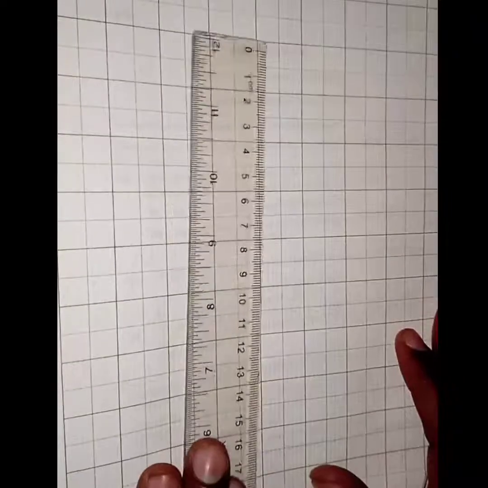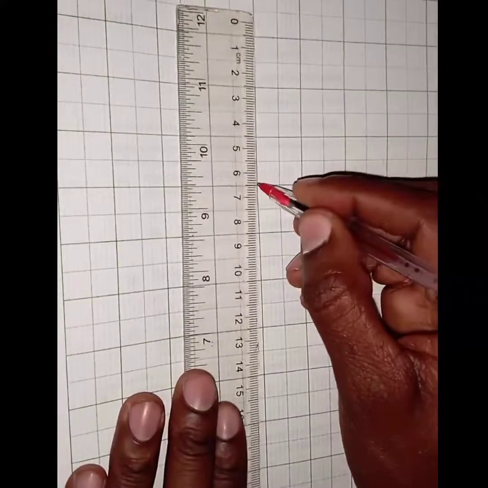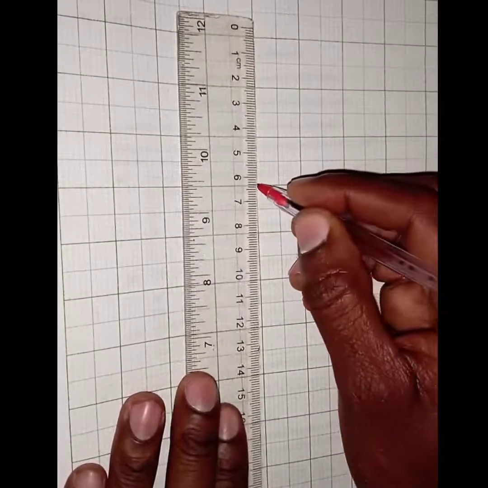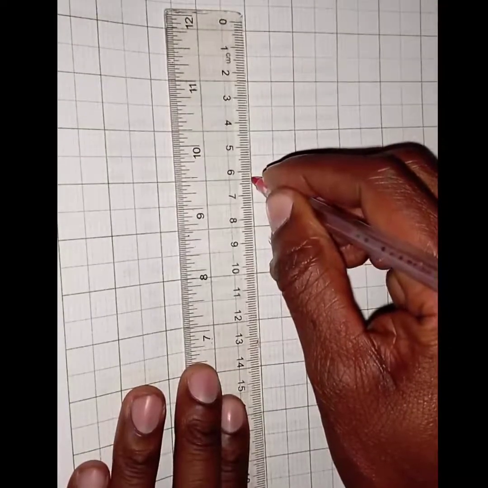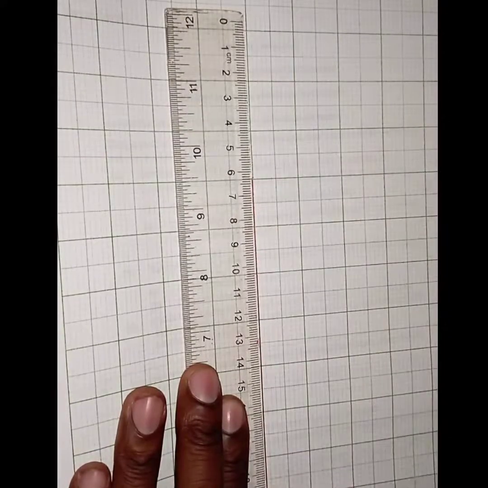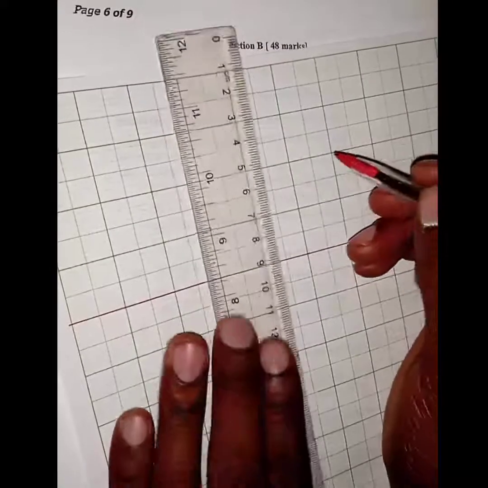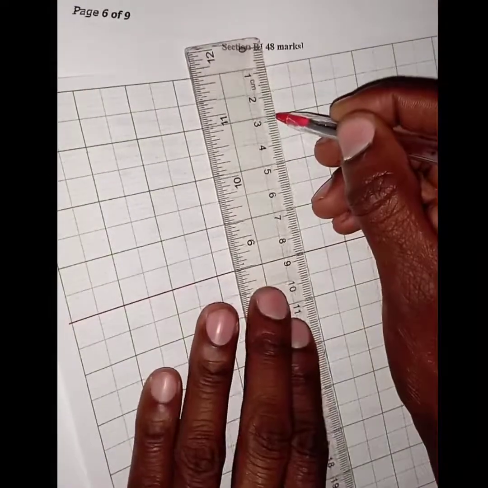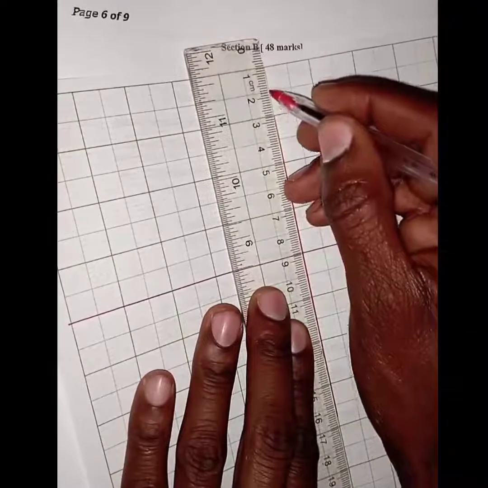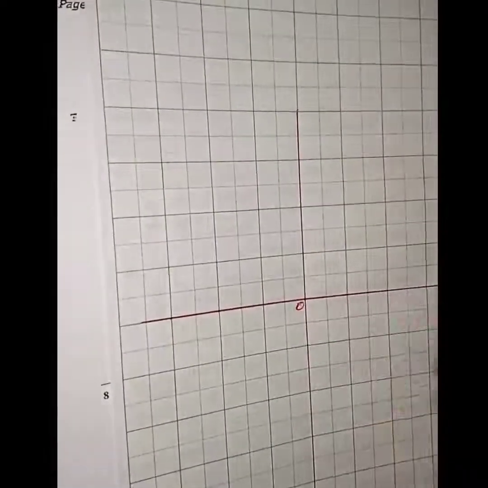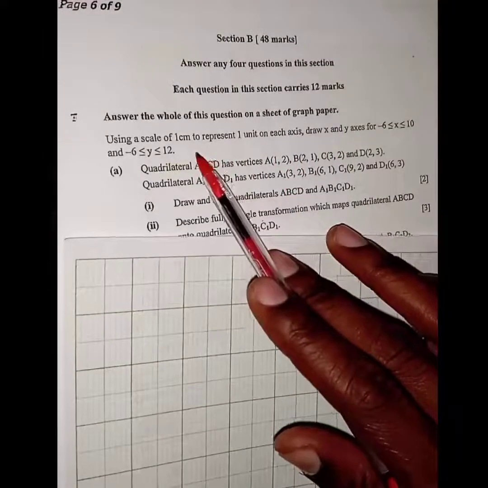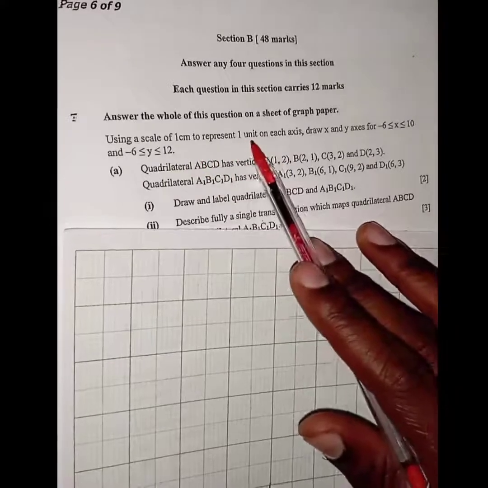Get your ruler. So we have a 0 here. 1 centimeter to represent 1 unit.